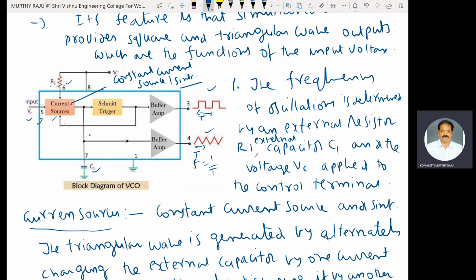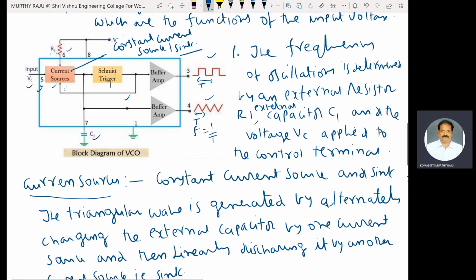The output of the Schmitt trigger is also fed back to the current source for comparison purposes. The Schmitt trigger generates a square waveform. The square waveform is obtained at the third pin of that IC through a buffer amplifier. This IC provides two waveforms through buffer amplifiers. This is the description of the block diagram of VCO.